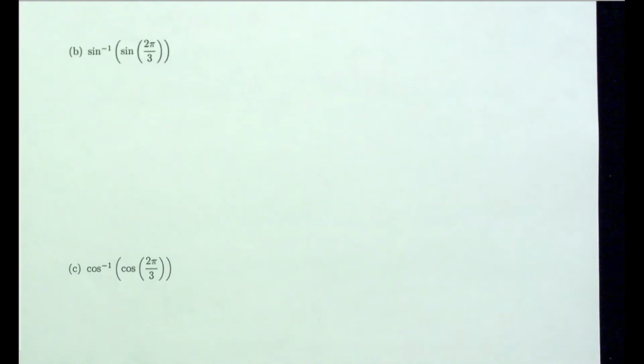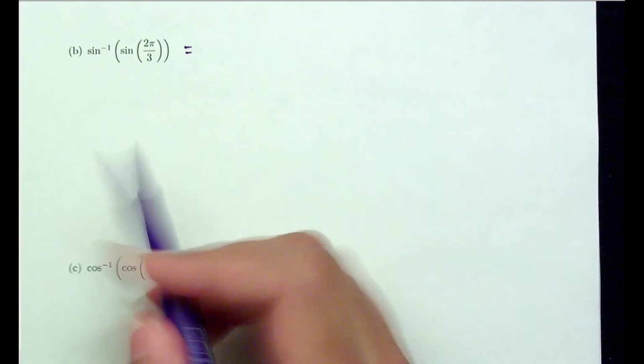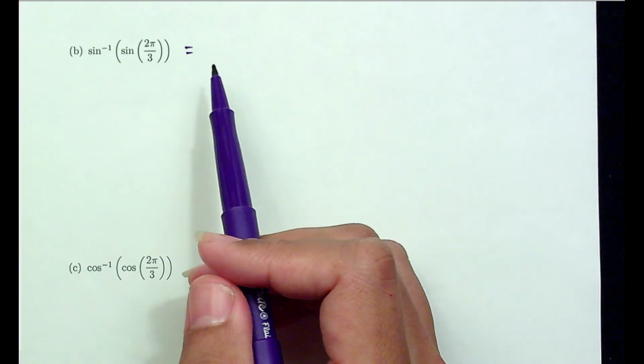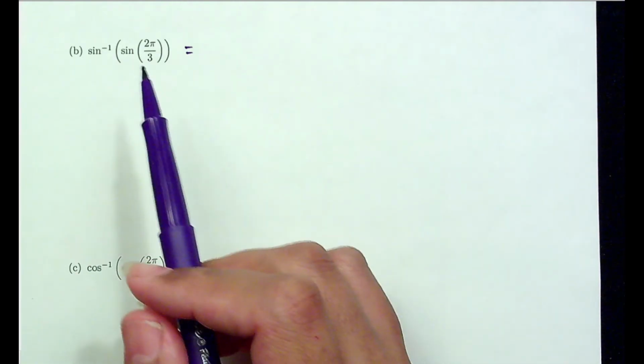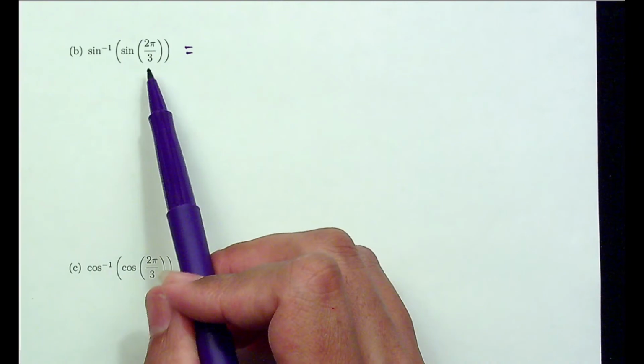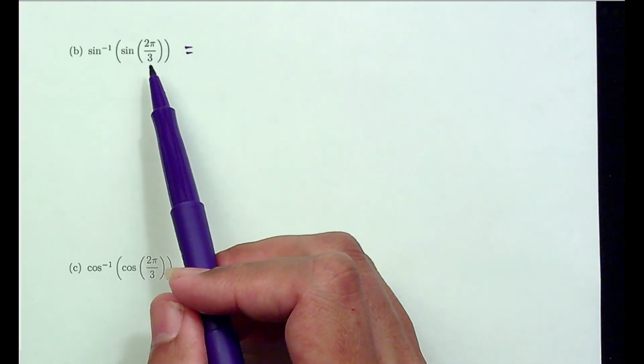Okay, let's do it. How about this one? First of all, is 2 pi over 3 in the right interval? If it is, these two will cancel each other off and I will just write down the final answer. But actually, this is not, unfortunately.